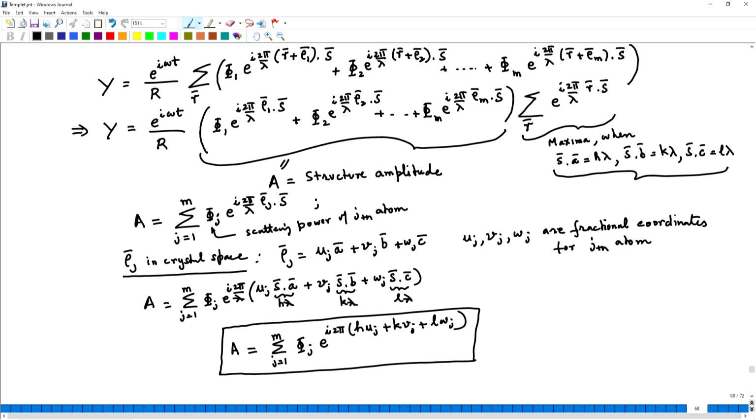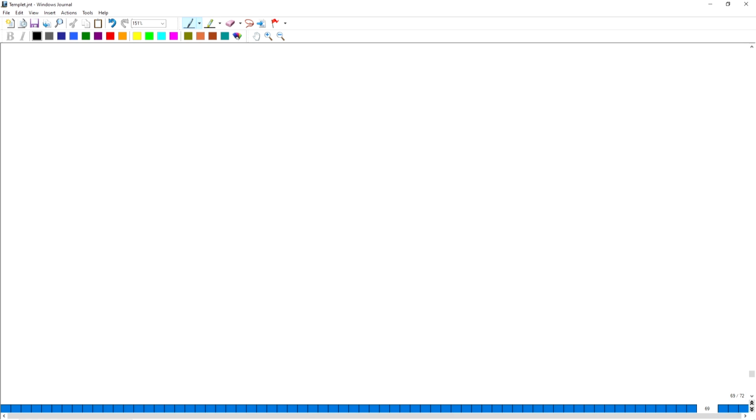Now, in order to modify this equation a bit further, let me define two terms.